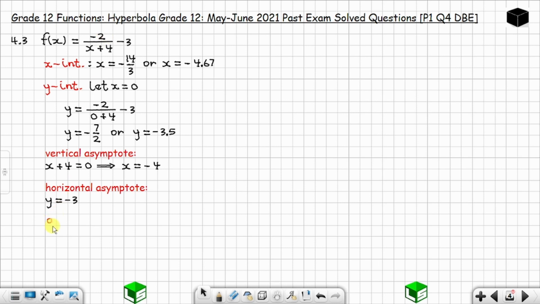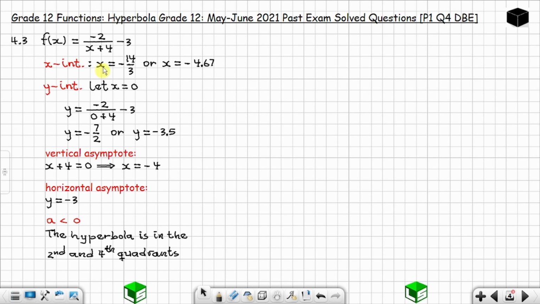In this case, a is less than 0, you can see it is -2. When a is less than 0, the hyperbola is in the second and fourth quadrant. So this is the information you need in order to sketch the graph.